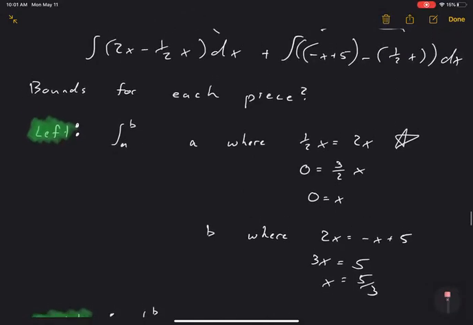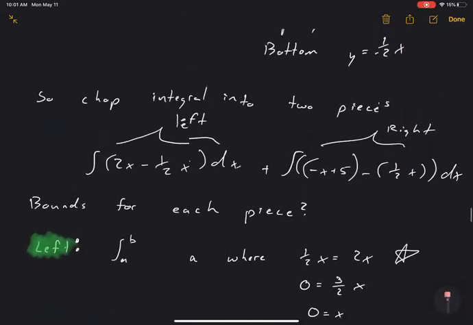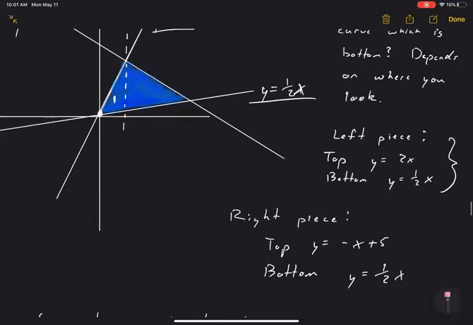Okay, and then we need to solve for our right endpoint of this integral. Where are we going to stop integrating this first piece? I want to integrate from here, and then I've chopped my area up into two pieces. Well, I switch integrals at this point, right? So I want to stop integrating at whatever this point is. What is this point?